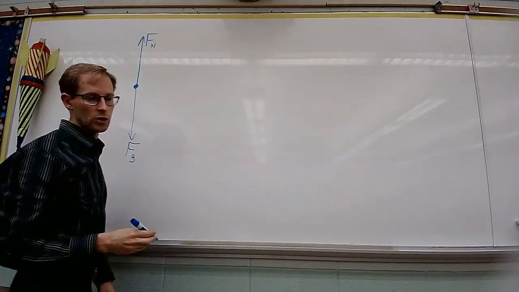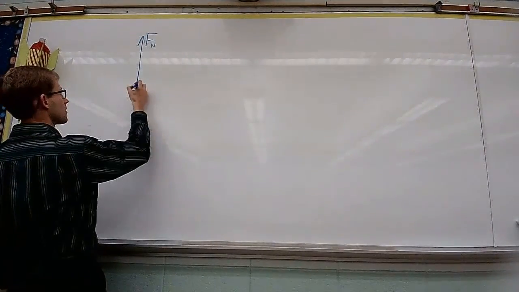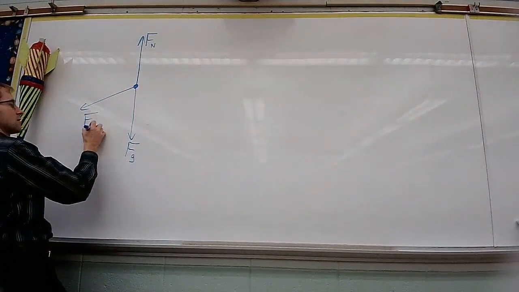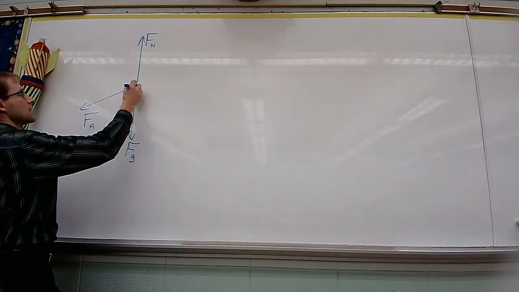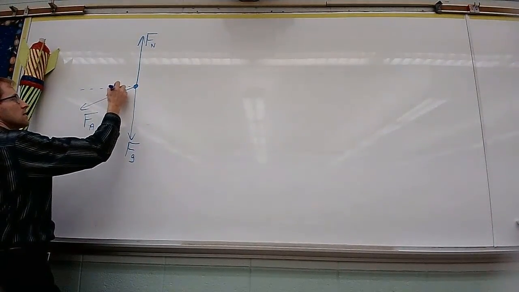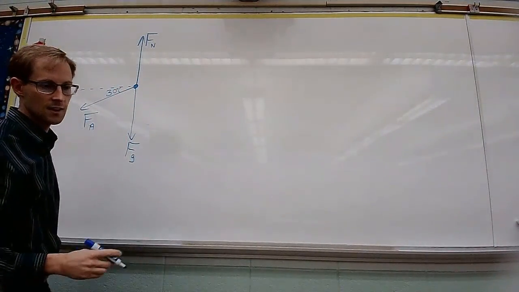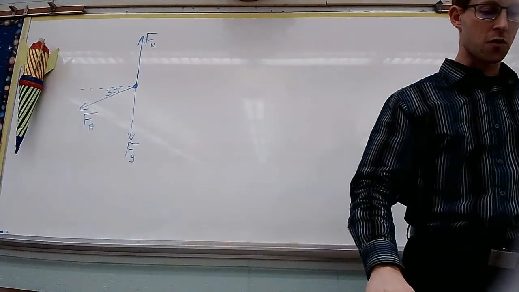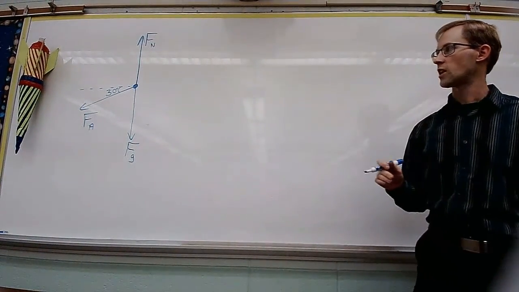And because we're pushing down and to the left, it looks like, that applied force is headed in this direction. And that's at that same 30-degree angle. And it appears that the desk still does not move. So that means we've still got friction.